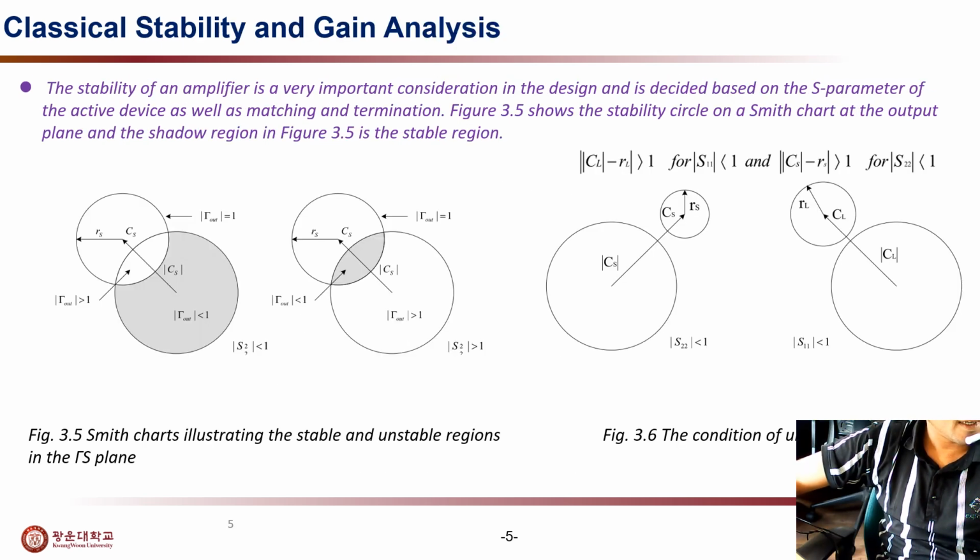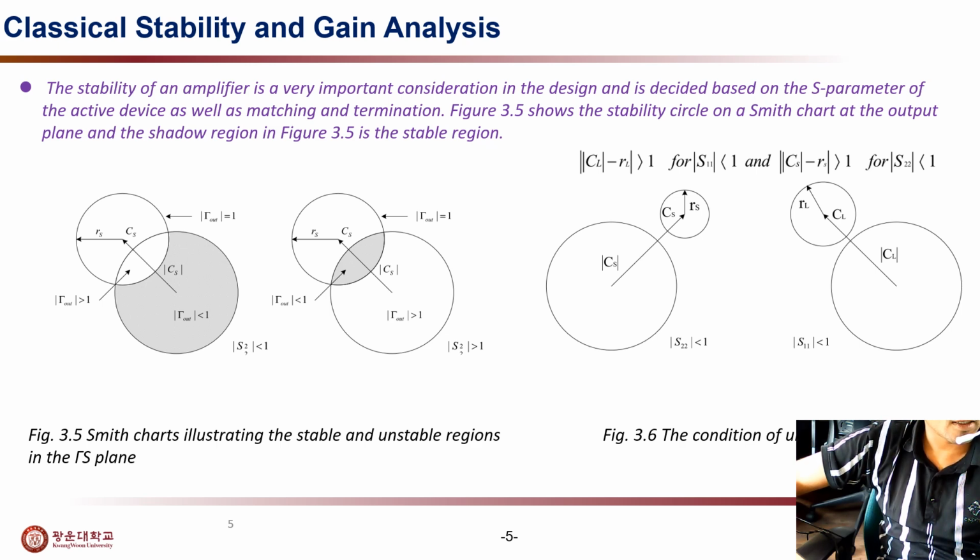The stability of an amplifier is a very important consideration in the design and is decided based on the S parameters of the active device as well as matching and termination. Figure 3.5 shows the stability circle on a Smith chart at the output plane. The shadow region in figure 3.5 is the stable region.